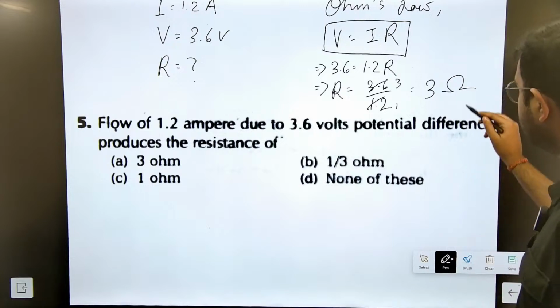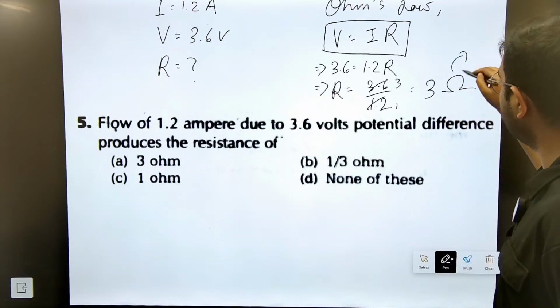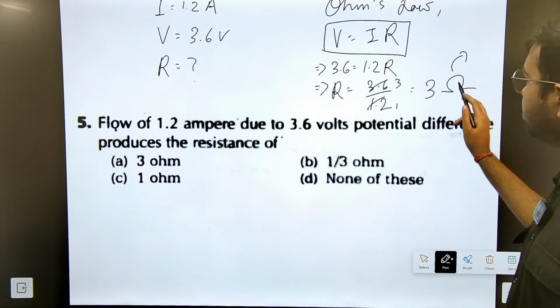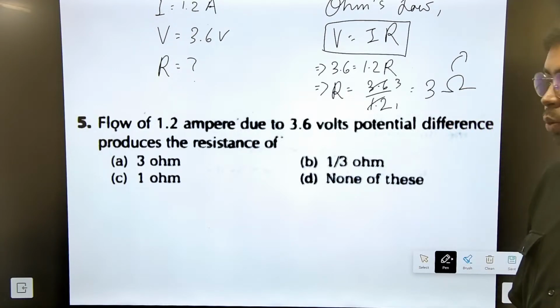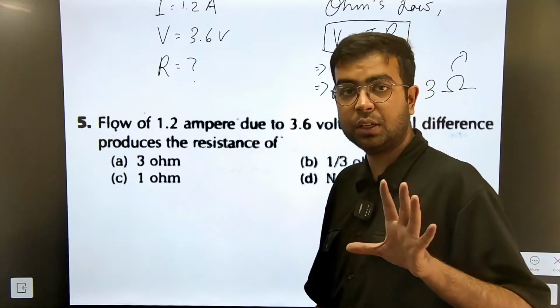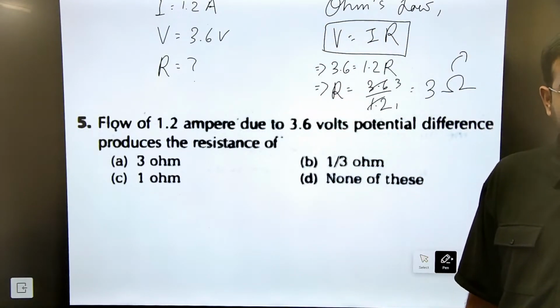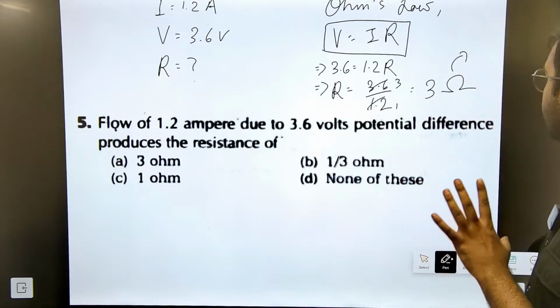Okay. This particular symbol is a Greek symbol. It's called omega. This symbol is used to denote ohm. Ohm is what? Ohm is the unit of resistance. Ohm is the unit of measurement for resistance. And how is ohm denominated?